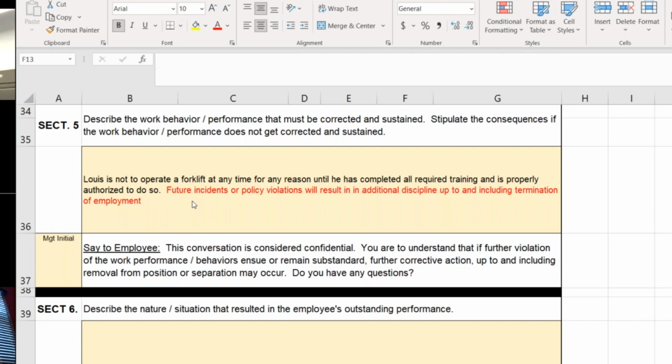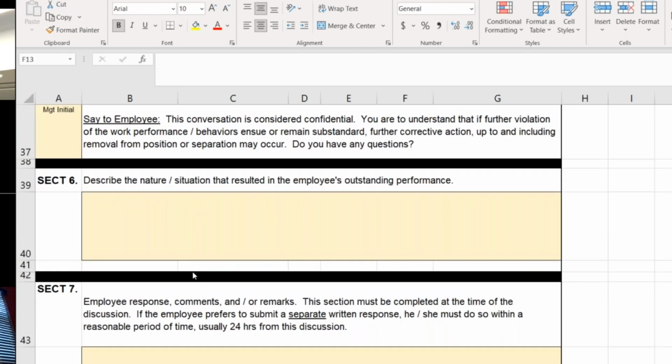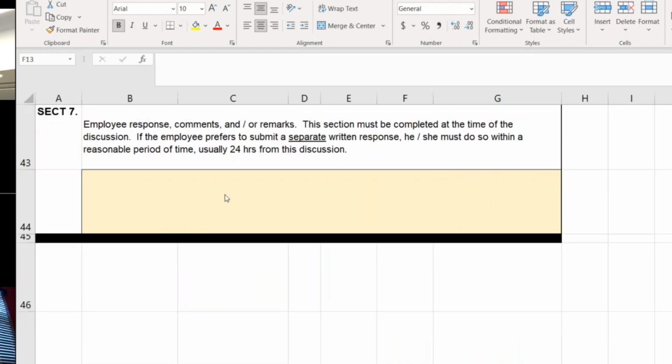We don't put in a verbal, you'll get a written warning. We put this line because we don't necessarily always go to that if something's more severe. We have to notify an employee in a discipline situation that they're being forewarned of future consequences of inappropriate behavior or conduct. This protects all of us legally, it protects the company legally, and it helps the employee understand the consequences of their actions. So that's really critical and important.